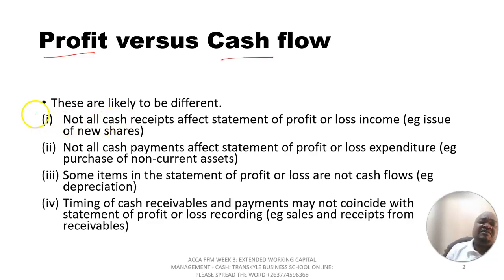Number 1, not all cash receipts affect the statement of profit or loss and other comprehensive income. I'm sorry for the omission there.